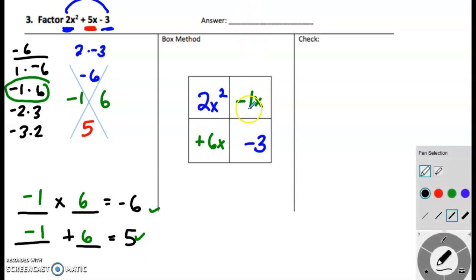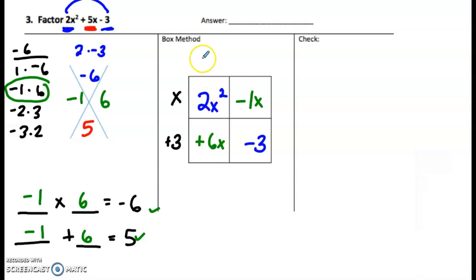A 2x squared minus 1x, well, that only has an x in common. If you want to write a 1 here, you can. 6x minus 3 has a 3 in common. 2x squared plus 6x has a 2x in common. And then all I see here is a -1. And that is my answer, 2x minus 1 times x plus 3.